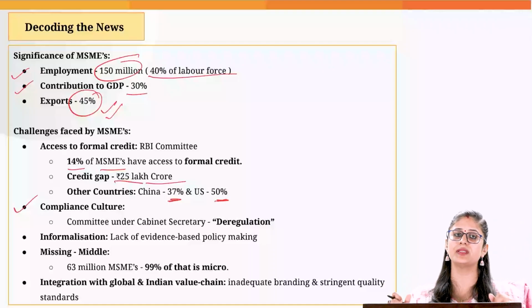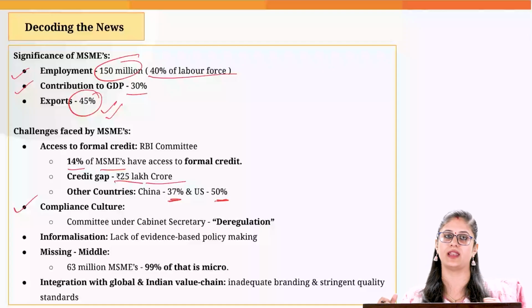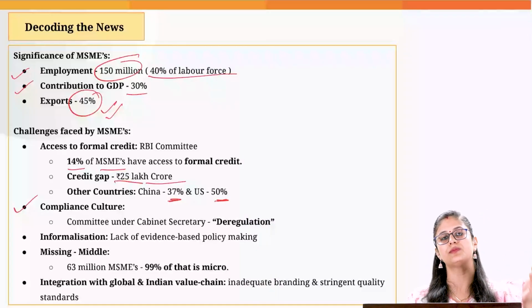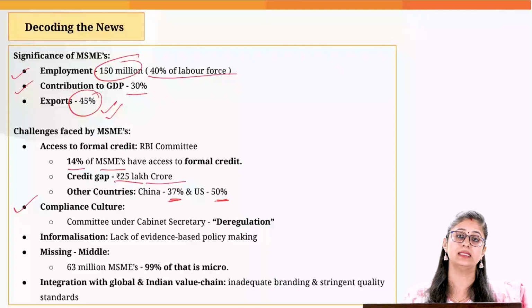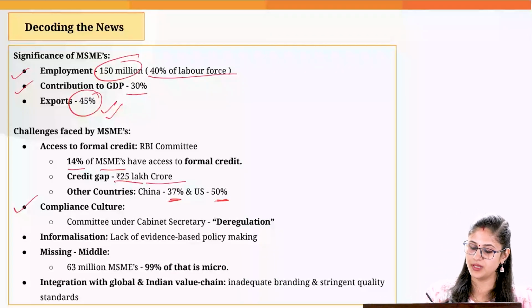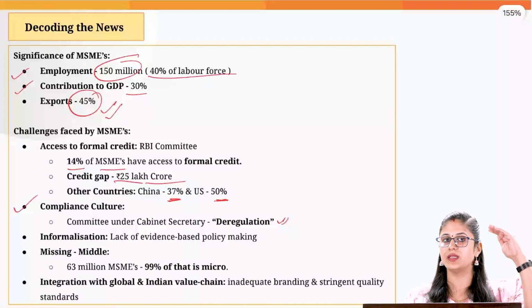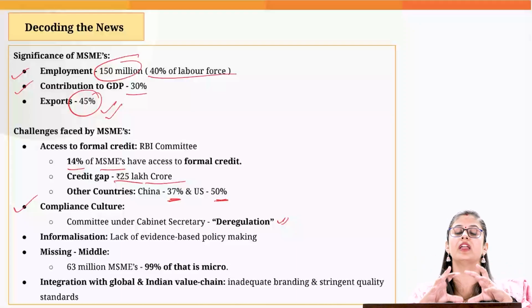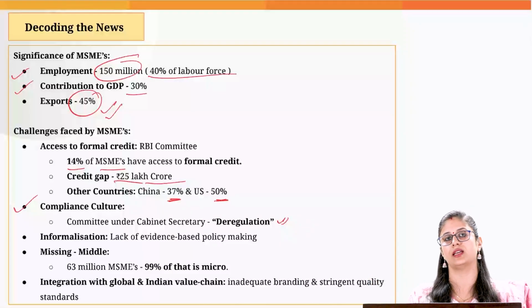But MSMEs don't have that much finance, so they face issues with compliance with factory and labor laws. That is the reason this year's Economic Survey has pointed out that the government needs to do deregulation. That means we need to reduce the compliance burden and reduce the number of factory and labor laws in India.